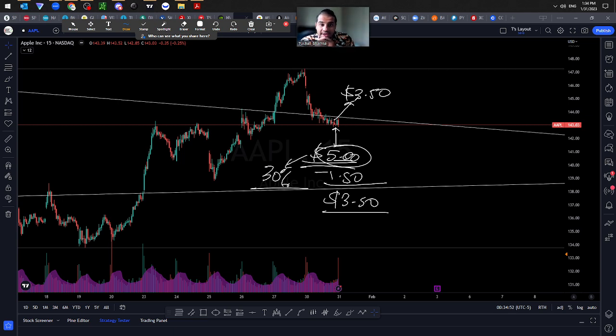On the pullback, person number 2 just entered the position, but person number 1 got stopped out. Do you see what's the problem here? Then the move happens. This person is still in the trade because let's just assume he didn't put exactly a perfect 30%. Maybe he put like 35, whatever, right? But I think you understand what I'm getting at here.